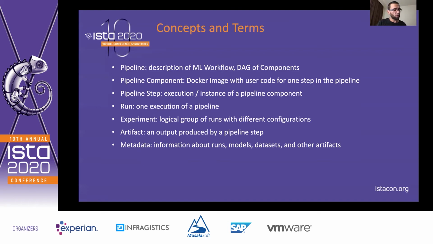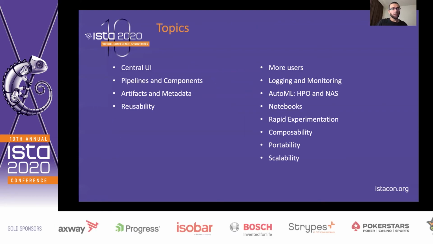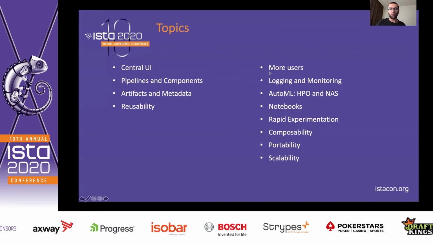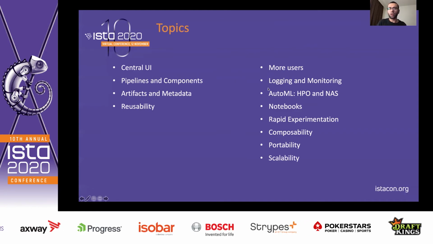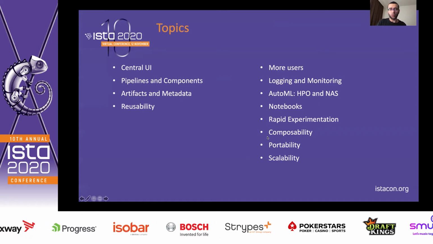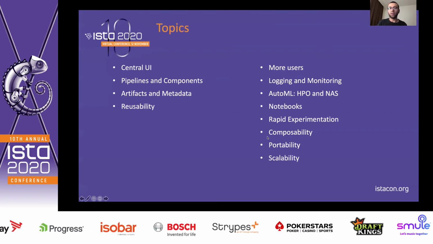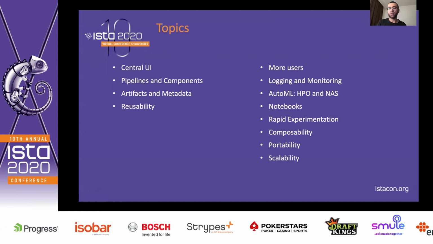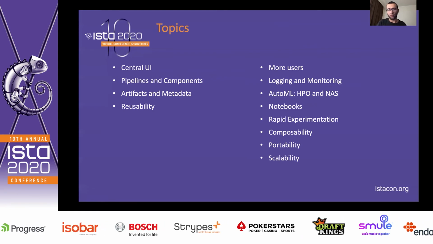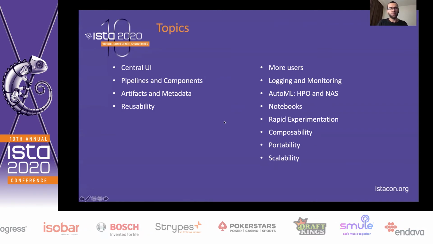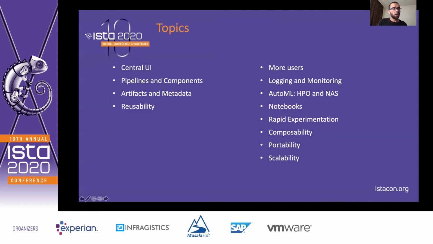We have 2 or 3 more minutes left, so I will have to quickly go through this. On the right, these are meant as secondary topics, just to be mentioned: that you can have more users with Kubeflow, logging and monitoring, AutoML, notebooks, rapid experimentation, composability, because you can have independent components and you can compose workflows, portability, because you can port these workflows anywhere you have Kubernetes and Kubeflow, and scalability, because on the bottom you have Kubernetes and you can scale things.